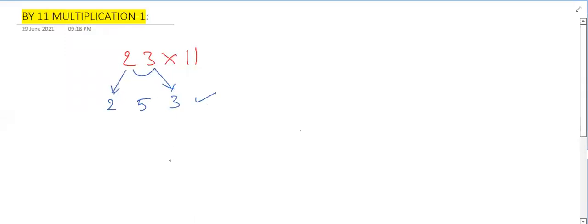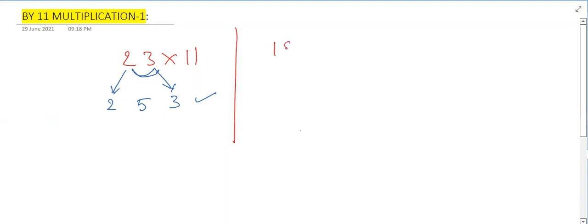And that's your answer. Understood? First digit as it is, last digit as it is, and the middle digit is 2 plus 3, 5. Everyone understood or not? Yes, sir. We'll see different cases, but till now, is it okay? Is it clear? Yes, sir.